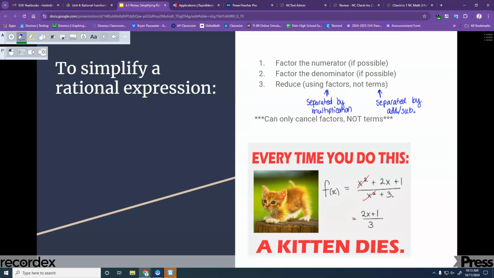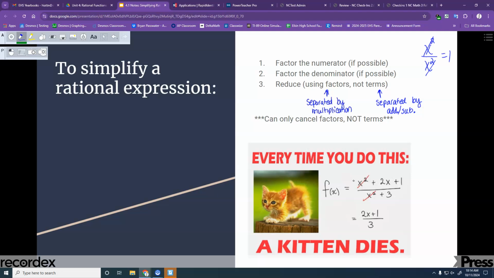It is true if I have x squared divided by x squared. Something divided by itself is 1, right? These two cancel out and I'm just left with 1. Okay? That is true if I just have x squared and x squared. It is not true if I have other stuff added to it.